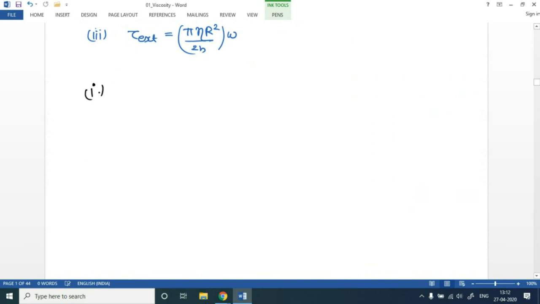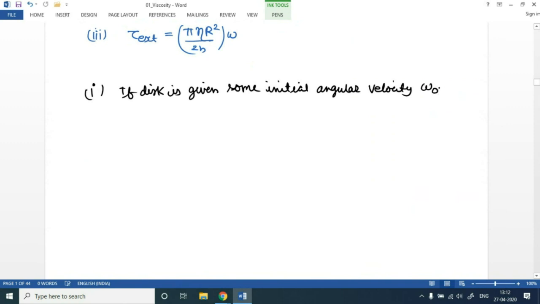The first special case I am looking at is, for example, if the disk is given some initial angular velocity omega naught and no external torque is applied.